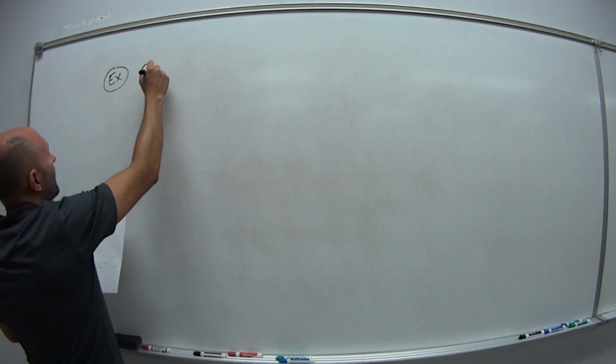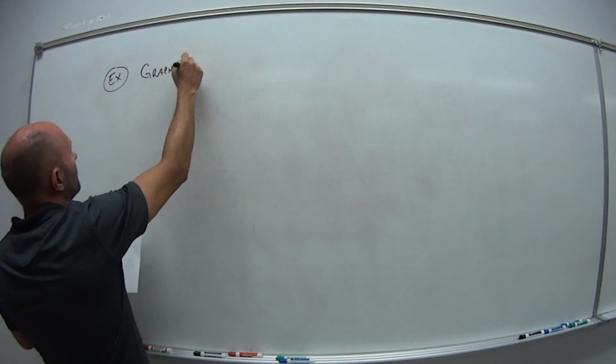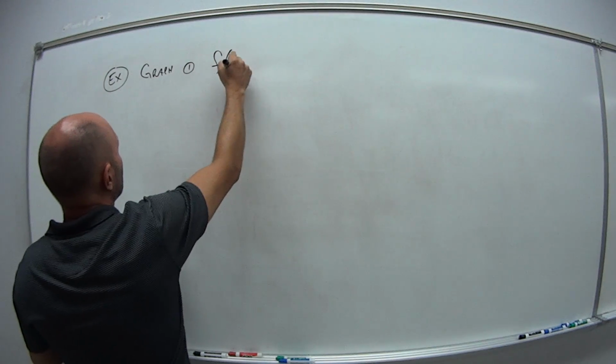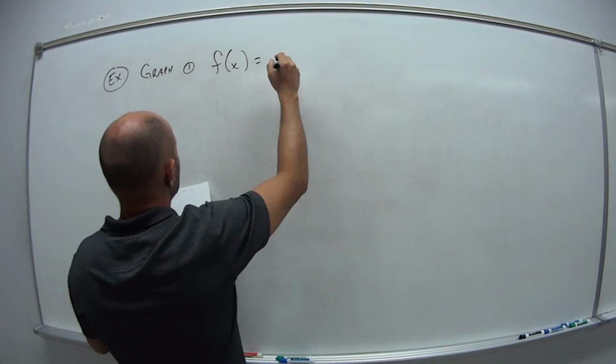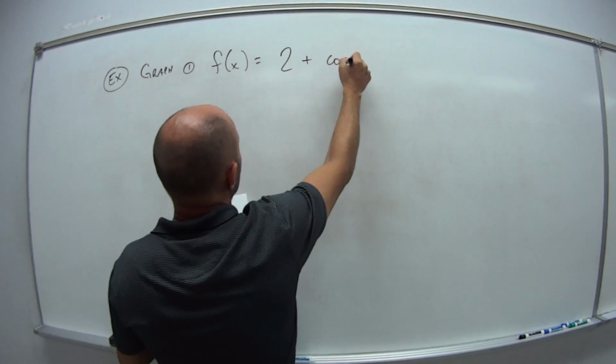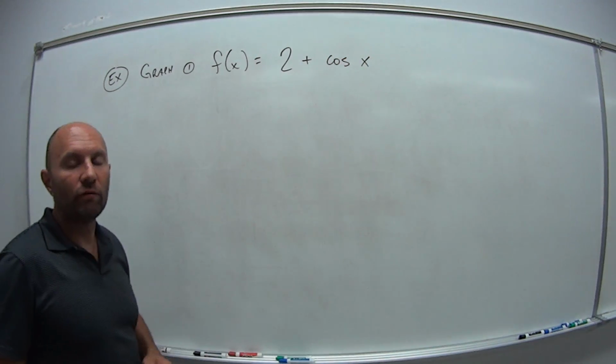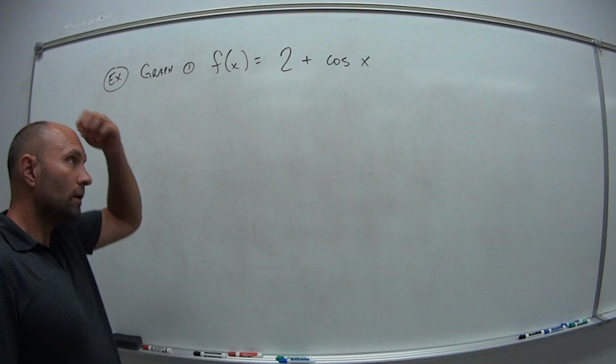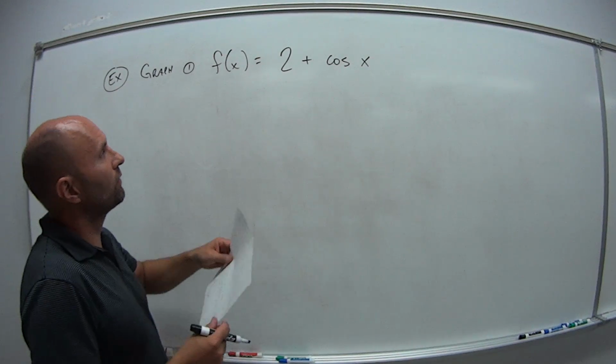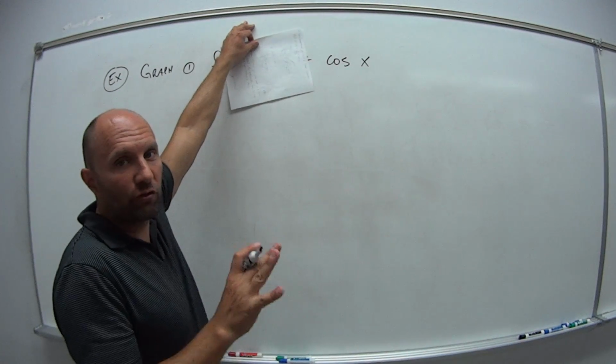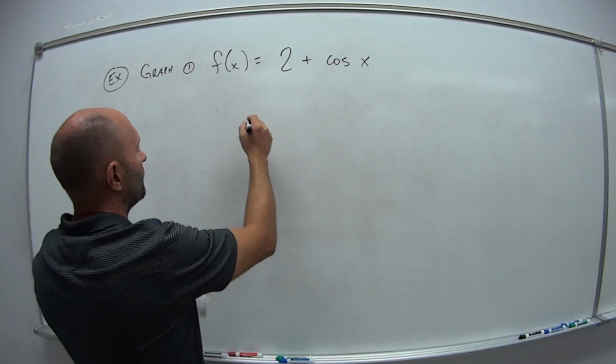If we want to graph, and the first example is f of x is equal to 2 plus cosine of x. So as with the x squared, the first thing we want to do is deal with just the function itself. And so that's cosine.